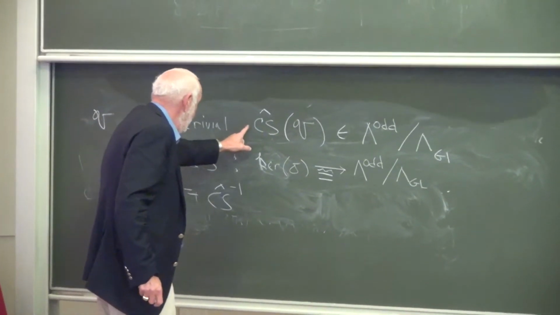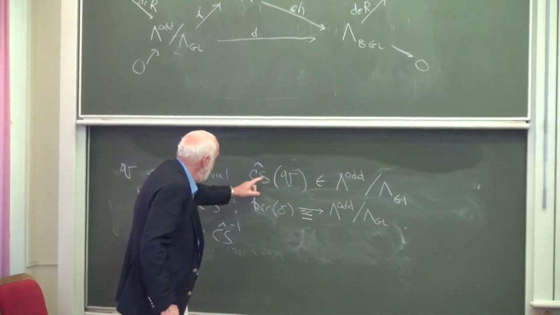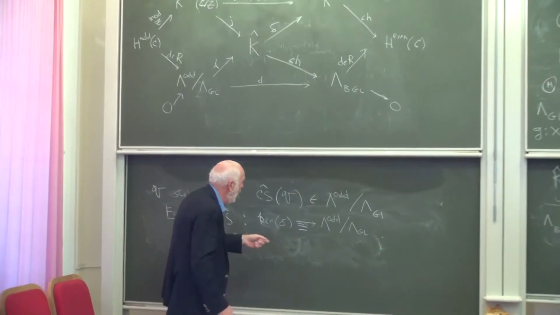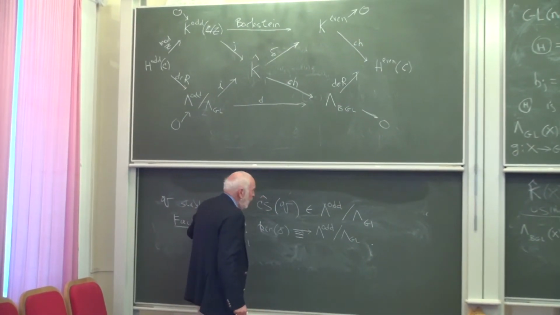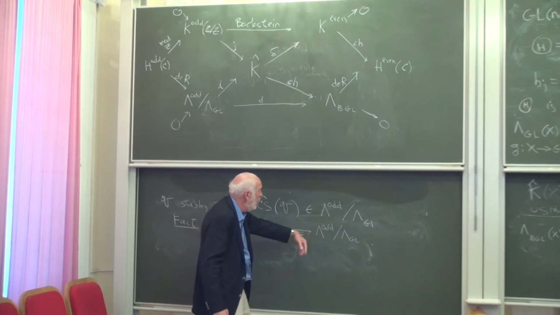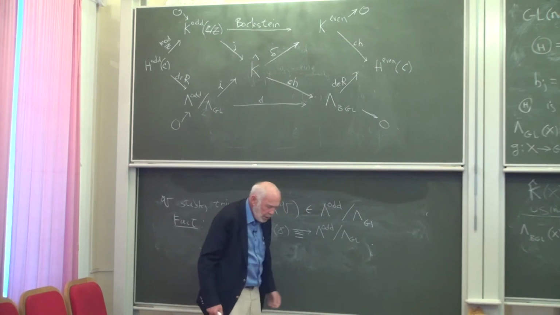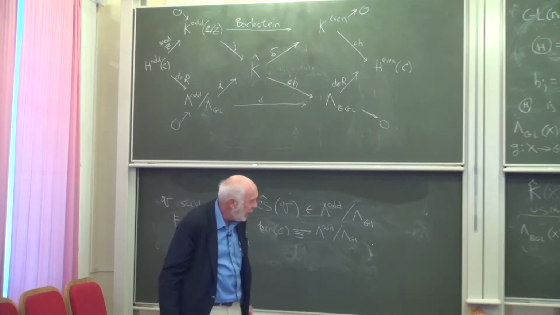So the fact that this CS thing, you can get an element in here seems reasonable. If it's something that's trivial or even stably trivial, okay, I can get this total form modulo these GL ones, well defined.